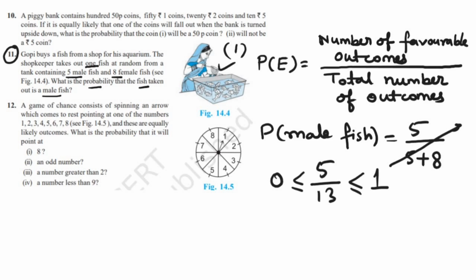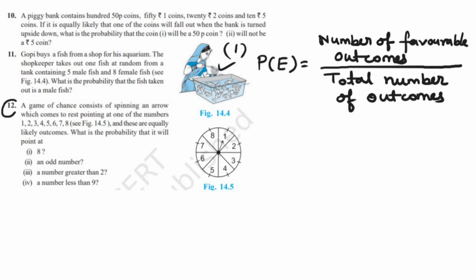Now answering the 12th question. The question states that a game of chance consists of spinning an arrow which comes to rest pointing at one of the numbers from 1 to 8, and we are asked to refer to this figure 14.5.